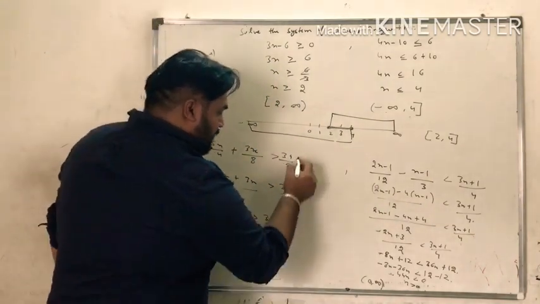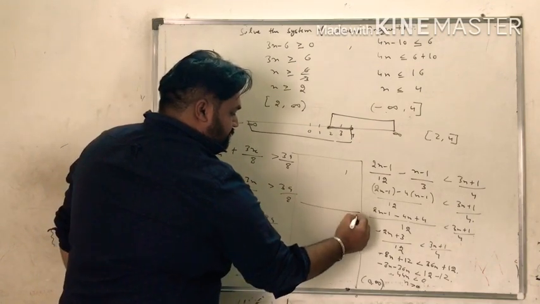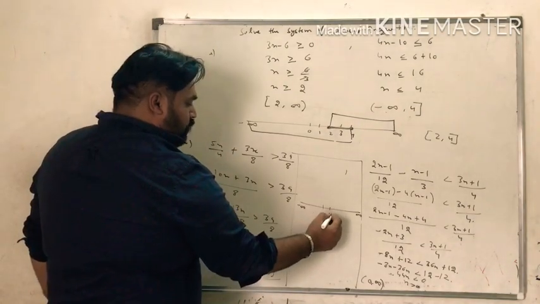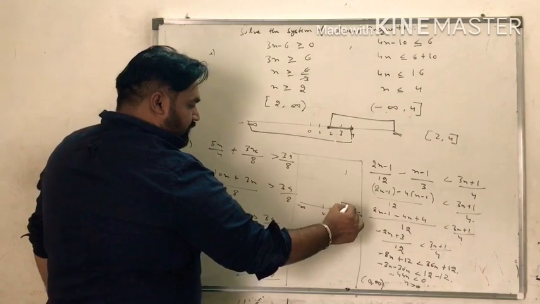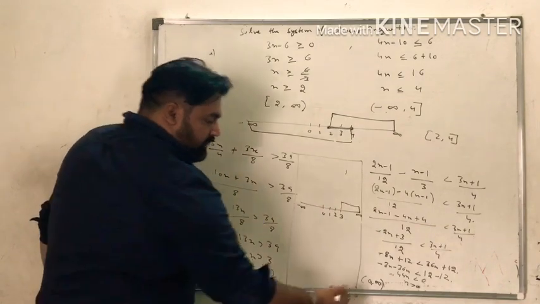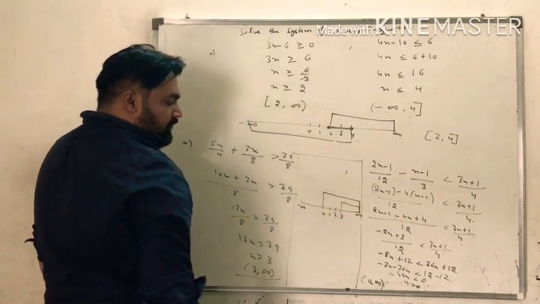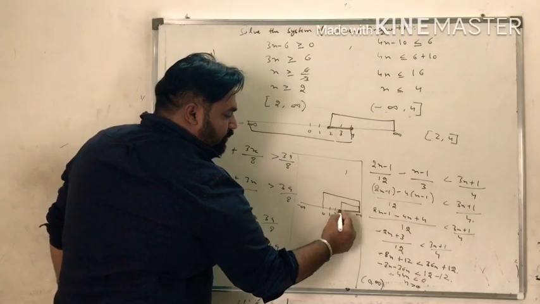So on the number line, minus infinity to infinity, 0, 1, 2, 3, 3 to infinity, then 0 to infinity. So the common region is 3 to infinity.